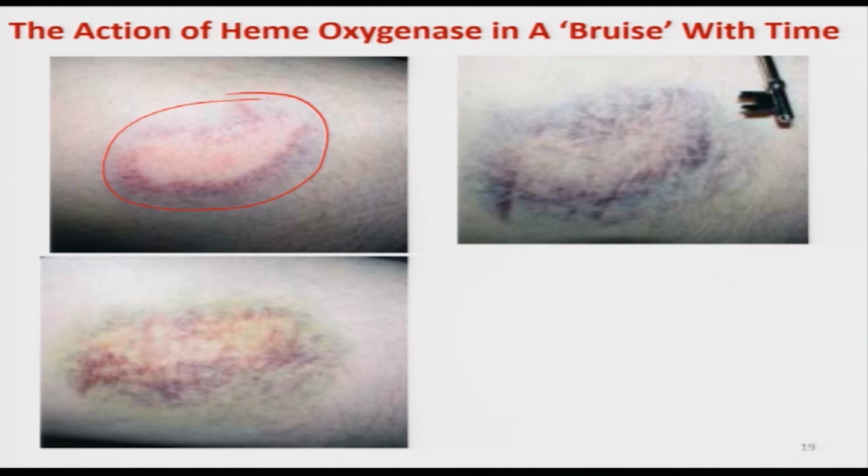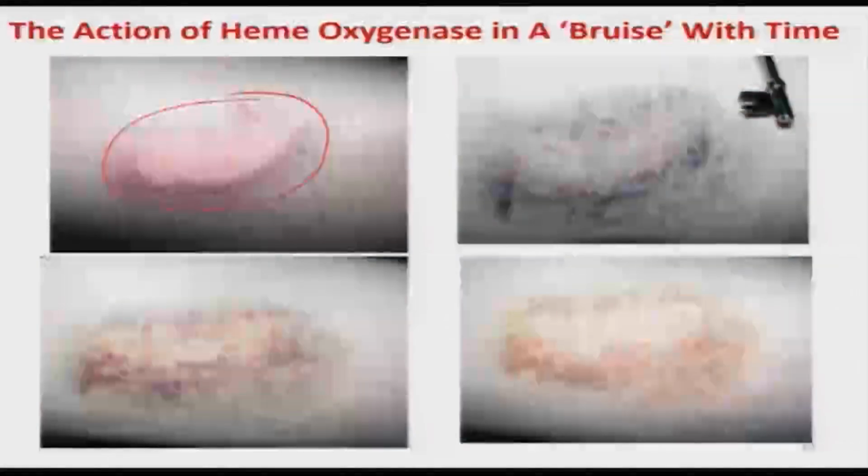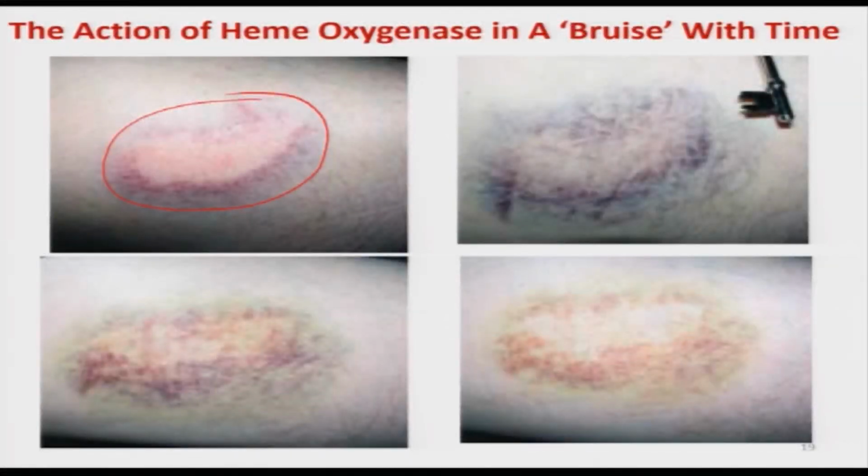After several days, the bruise completely gets back to the original skin color.